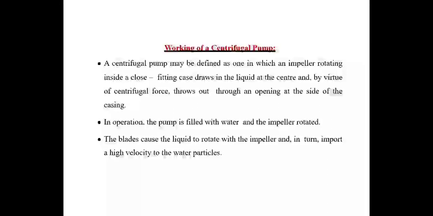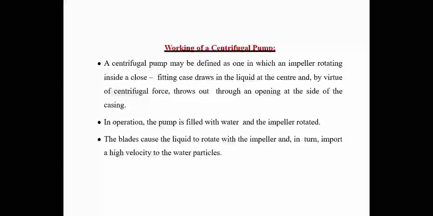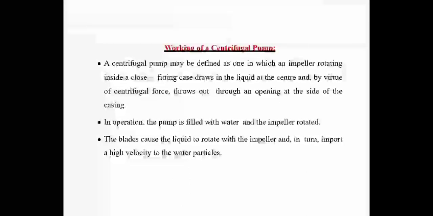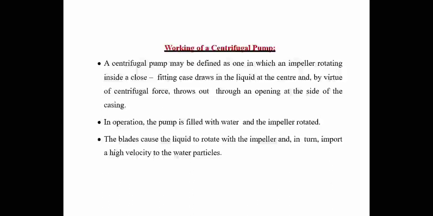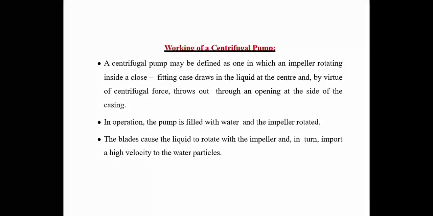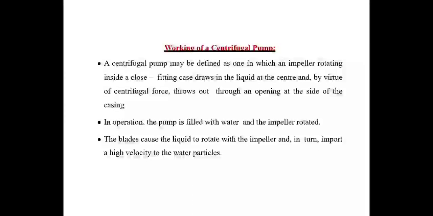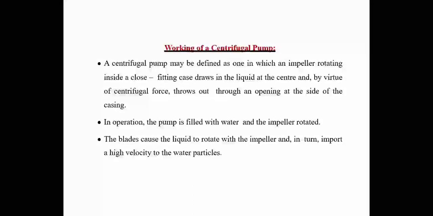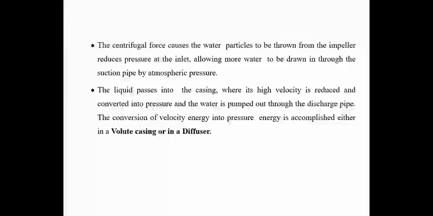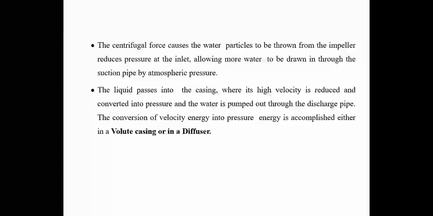By means of centrifugal force, the water is thrown out to the periphery of the impeller. This water then moves along the casing and is discharged through the discharge end. So this is the operation we have explained earlier.